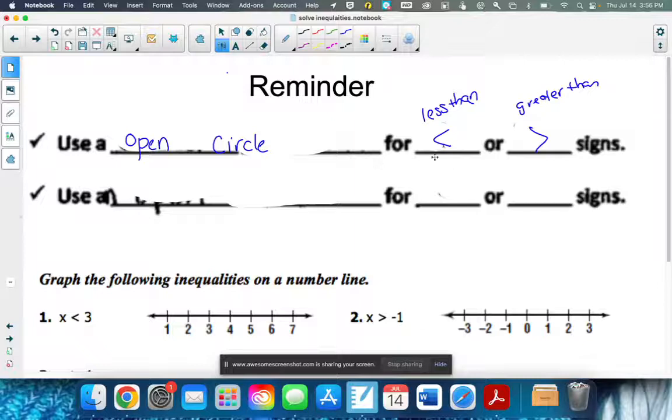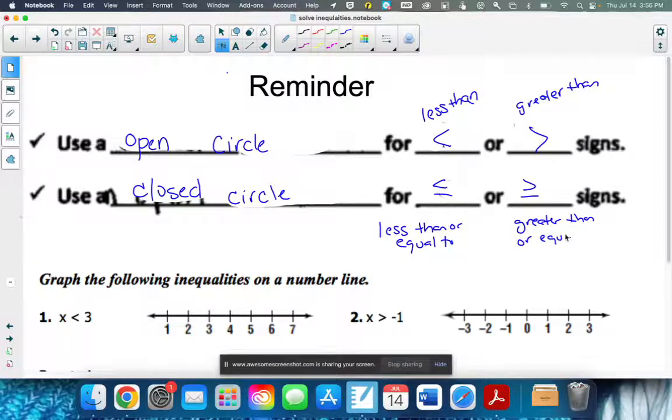So less than or greater than. And then you use a closed circle for less than or equal to, greater than or equal to. Again, less than or equal to is how we read it. And this is greater than or equal to.